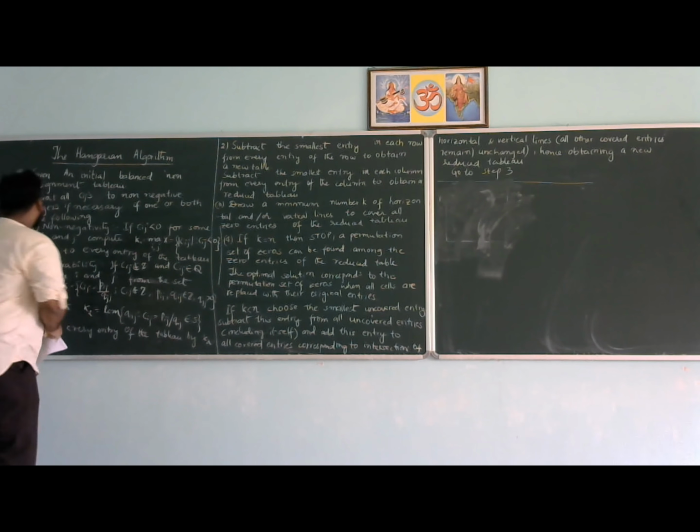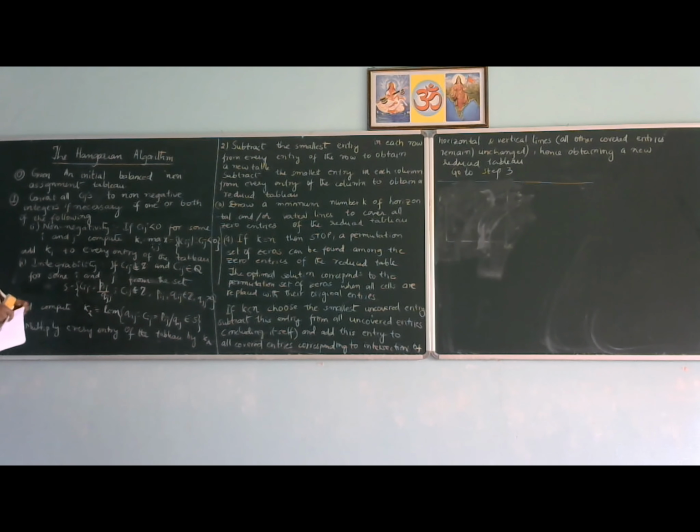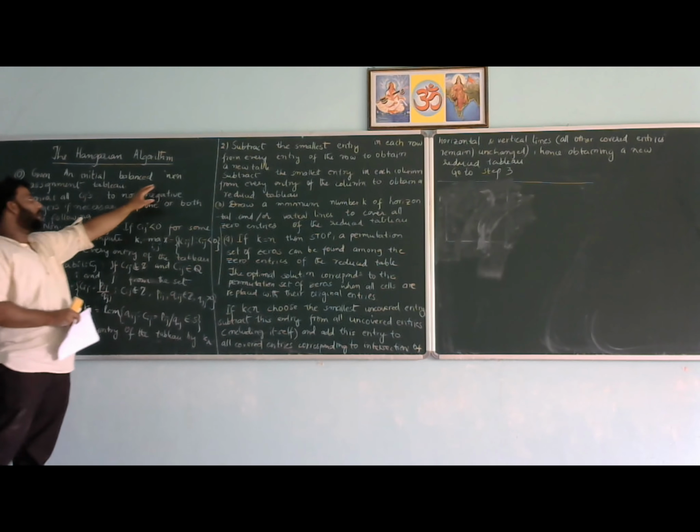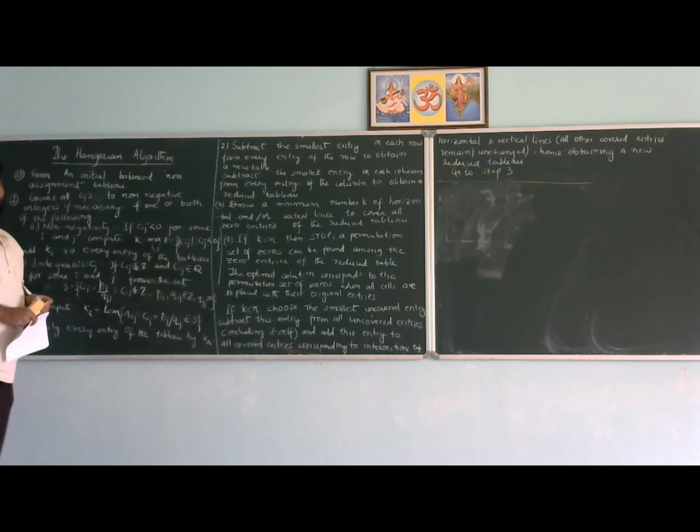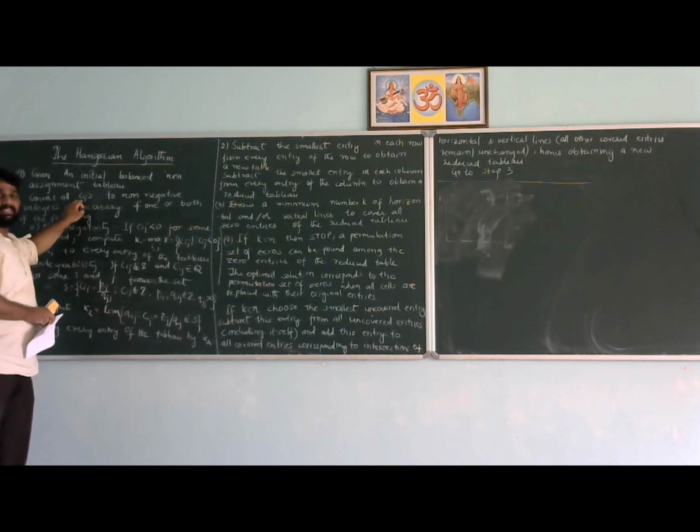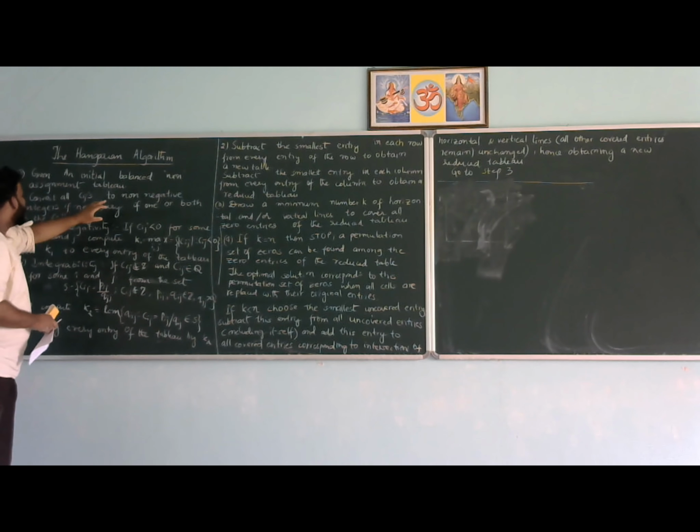So in the zero step, you have to take the initial balanced n cross n assignment table. Why is it n cross n? It is by the definition. You have seen what is balanced assignment problem. So in the next step, convert all the Cij's, the elements in the cells, to non-negative.